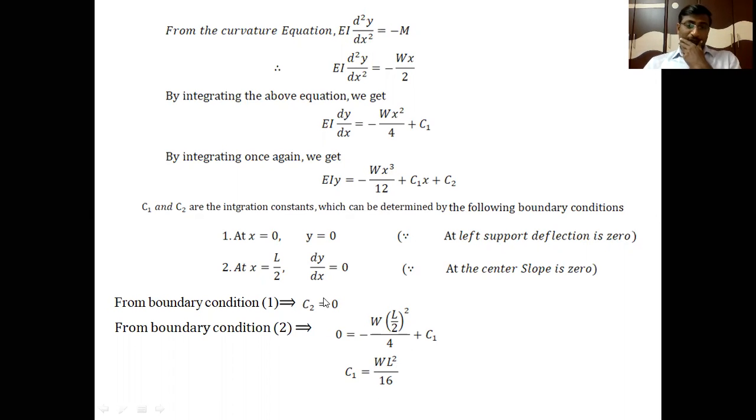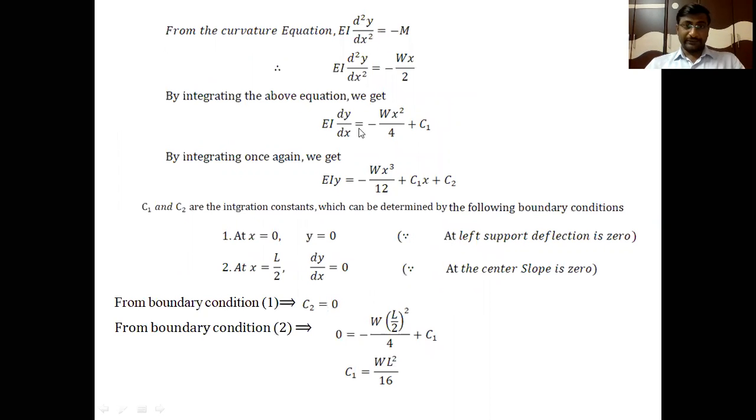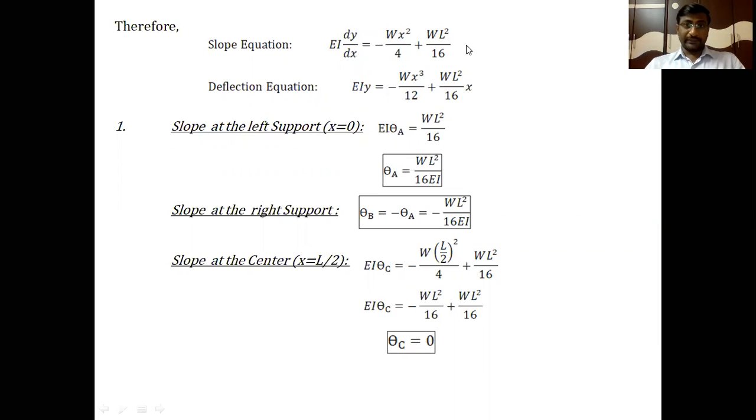Okay, these are the two constants of integration. Okay students, after substitution of these two constants of integration into the required slope and deflection equations, we will get the final slope and deflections. Therefore the slope equation is EI dy by dx equal to minus w x square by 4 plus C1, in place of C1, w L square by 16.